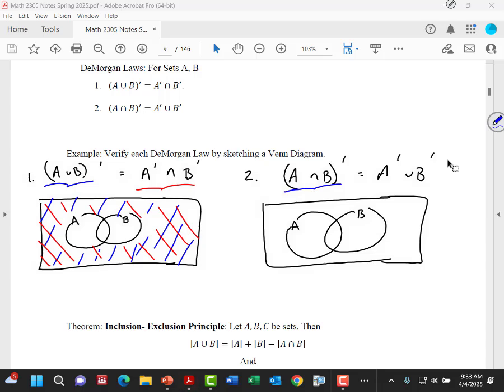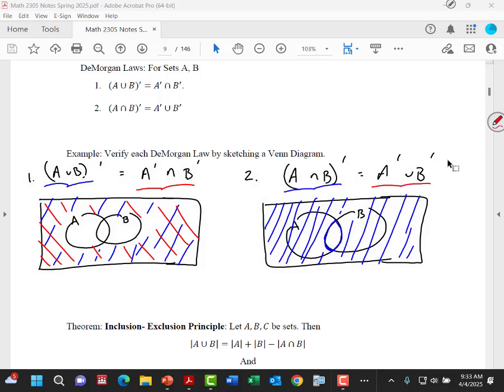Well, if you remember, the intersection is this overlapping region right here. But I want to find the complement of that. So the complement of that is simply everything else. Notice I'm staying away from that middle football looking section, the intersection.